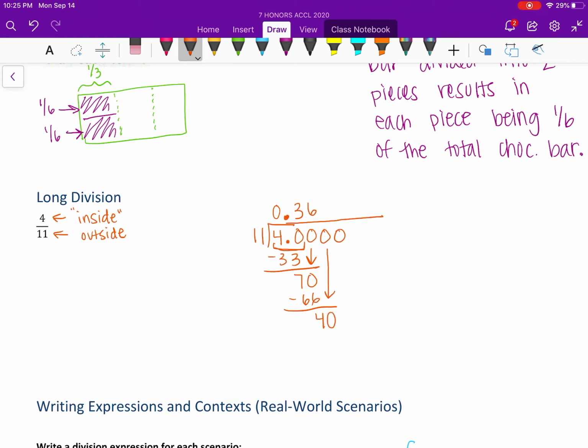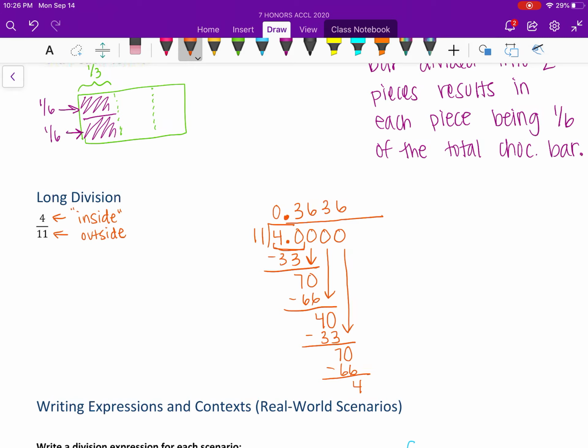Bring down your 0. 11 goes into 40 3 times, and we get a remainder of 7. Bring down the 0. I'm starting to notice a pattern. 11 goes into 70 6 times for a remainder of 4.